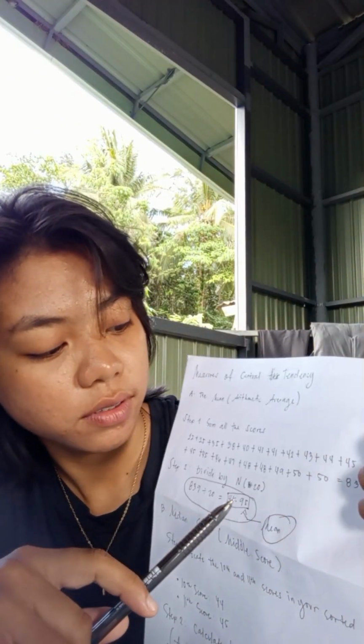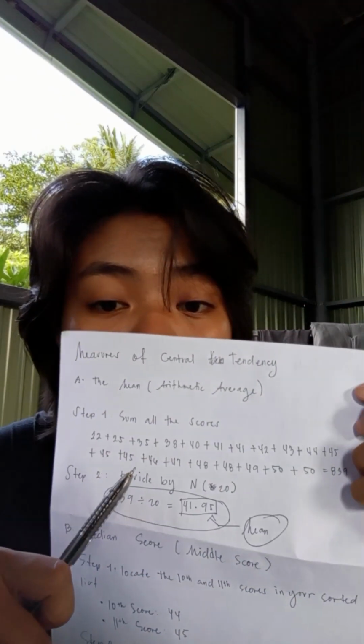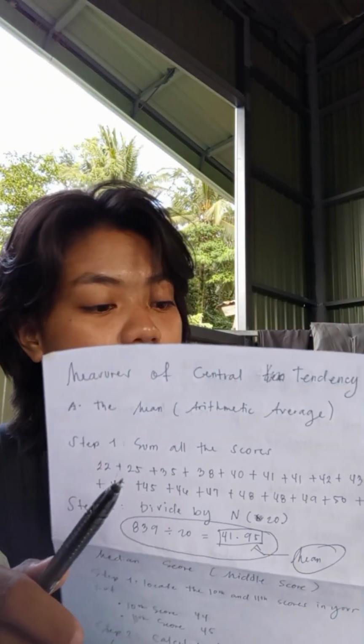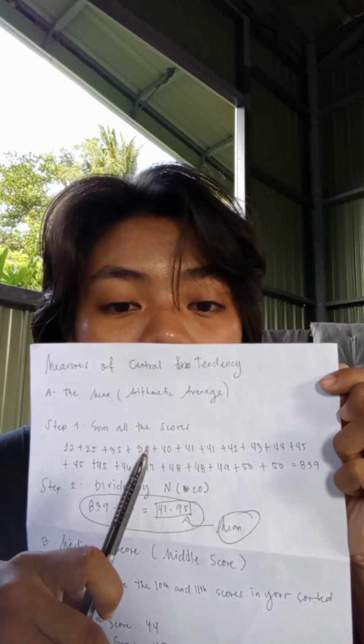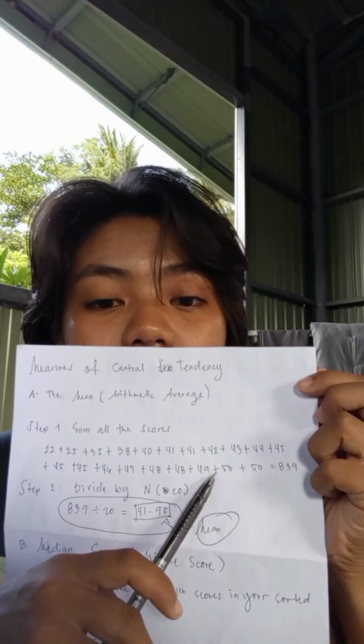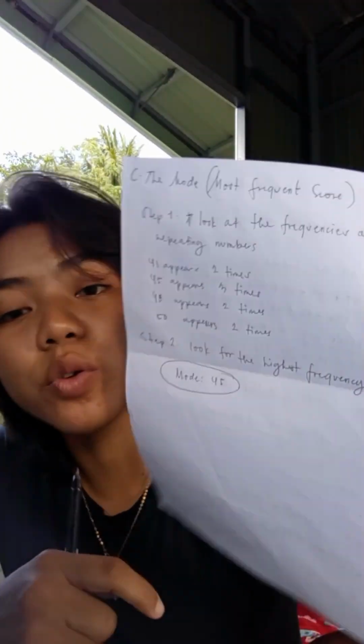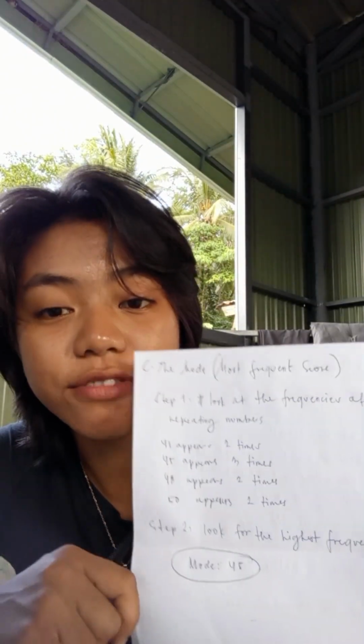Then 48 appears 2 times, so we have 48 and 48. Then we have 50, which also appears 2 times, 50 and 50. Step 2 in getting the mode, we have to look for the highest frequency.